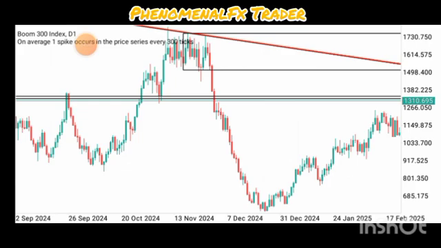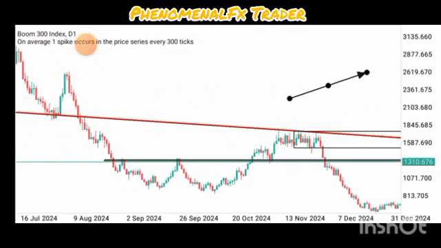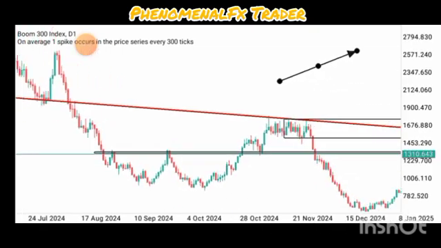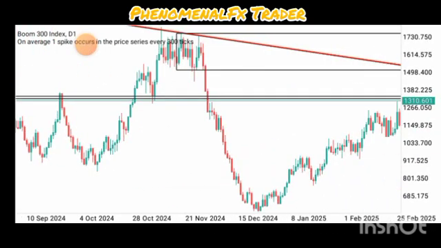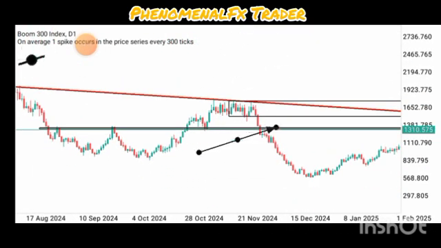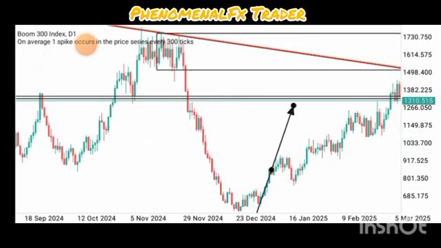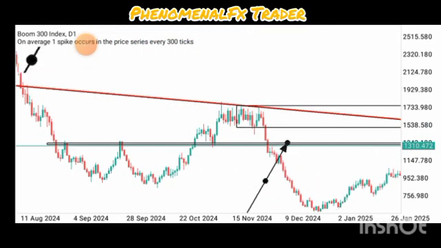If I want to mark this zone, here is how I can mark it to accommodate almost all the points, but you have to consider where you want to take the sales from. Let me show you guys something. Now watch, you can see that the market has been selling from this particular spot here. You can see it sold here, then it bought here.